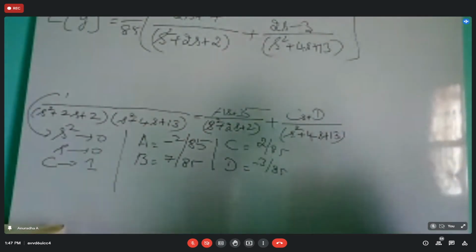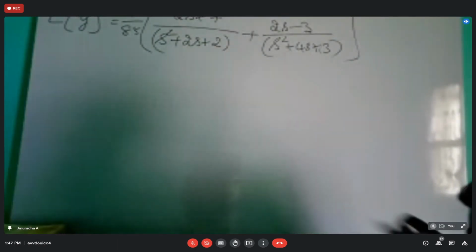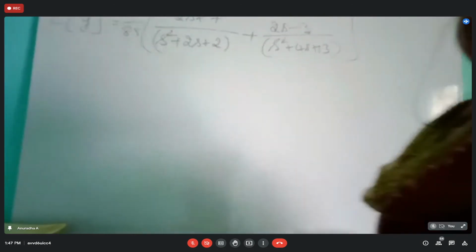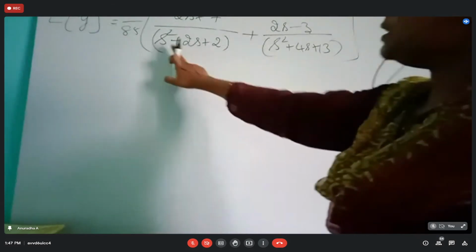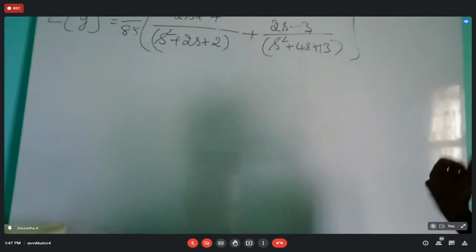The remaining work is only to do the inverse Laplace transform. Apply the inverse Laplace transform formula. For that, first what do we have to do? We have to try to bring this into this form. Whenever s square alone is there with no s term, it will be either sine or cos.